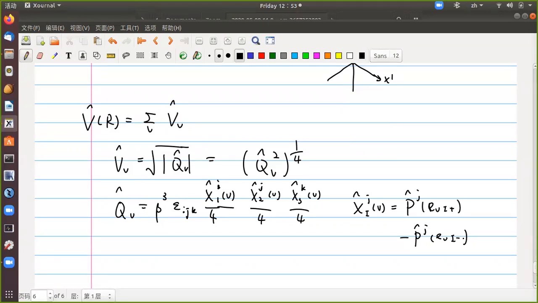This is the operator Q, and then you plug Q into it, take the square of the Q and take the power 1/4. And you get the volume operator.